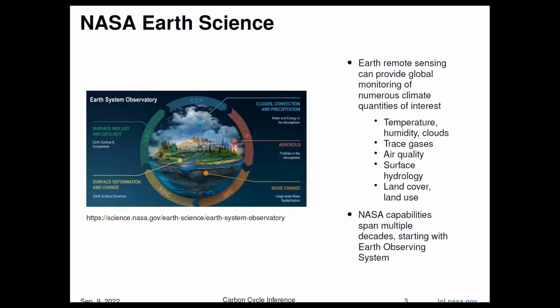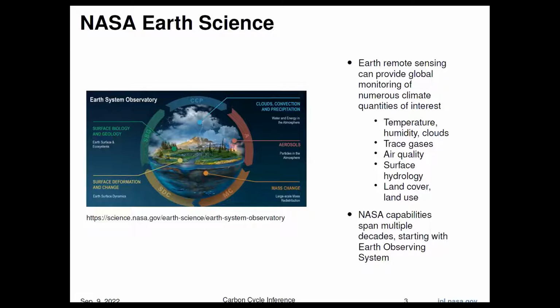And remote sensing of the Earth is a really valuable tool for monitoring climate in particular. And over the past few decades, there's been a lot of instruments launched that have provided a lot of valuable insight for numerous climate quantities of interest. I've listed a few here on the slide. Key weather monitoring variables like temperature and humidity in clouds, trace gases in the atmosphere.